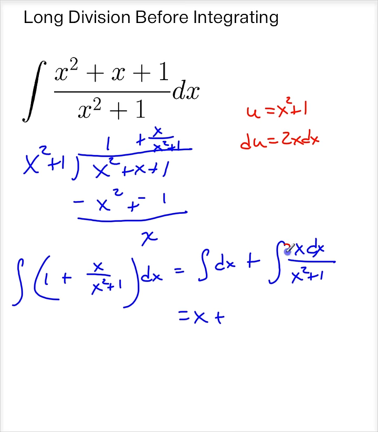So I need a 2 and a 1/2 because I can't just change the integrand. But multiplying by 2 and a 1/2 is fine. So I have 2x dx, so this right here is du over u. So this becomes 1/2 the natural log of x squared plus 1 plus c. Now you see I don't have any absolute value signs here because x squared plus 1 is always positive.